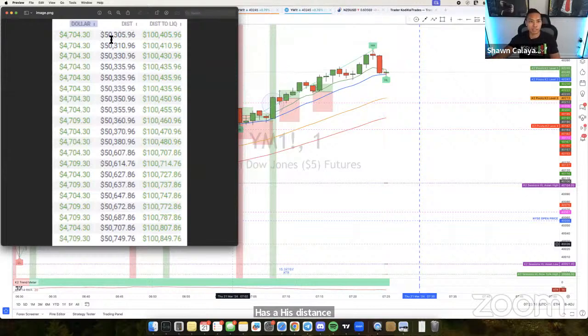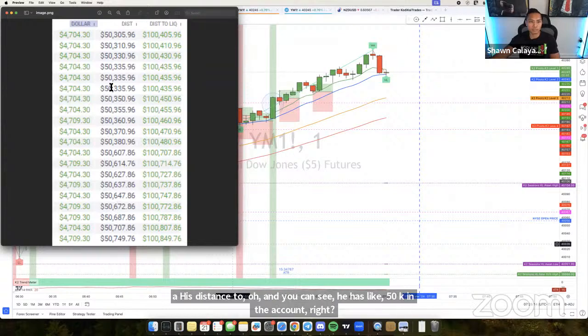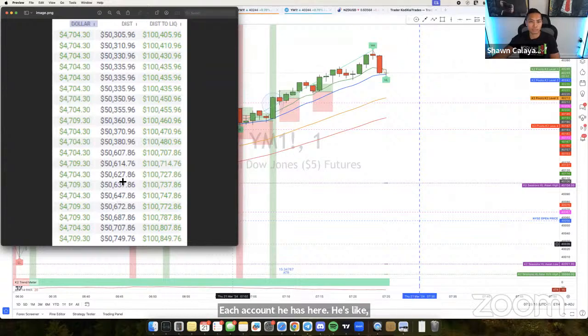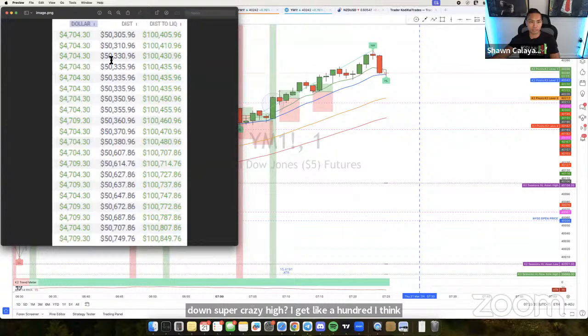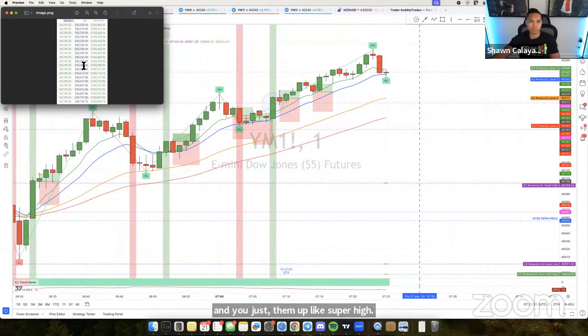Each account he has here, he's like 50K away from his drawdown. So he can basically take as many losses as he wants, and he'll just never blow his account because his drawdown is super high. These were 50K accounts and he just grew them up super high. So if you don't touch your profits and you don't withdraw, you can have a crazy distance to drawdown.